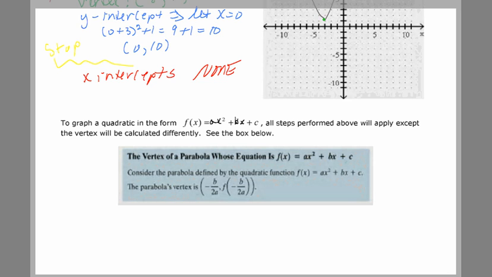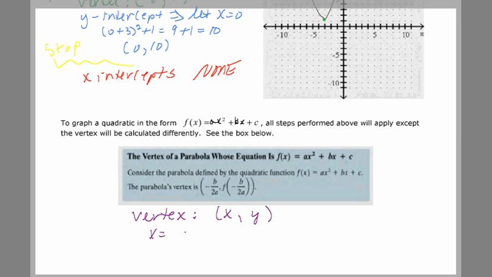I don't have it in that format, so I have to have an alternate way to find my vertex. And this is just a quick little formula to find the vertex for a quadratic in this format. And remember, a vertex is an ordered pair, x comma y. So we have to find both values.